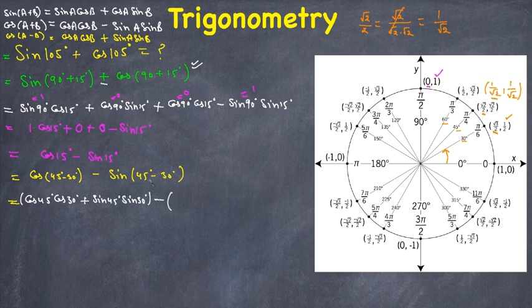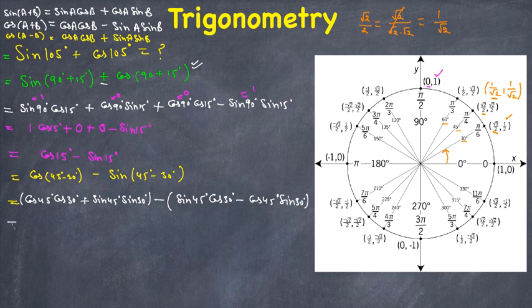So sine 45 minus 30 is sine 45 degree cosine 30, minus cosine 45 and sine 30. If this is minus, just change this to plus. That's how you can remember or memorize the formula.